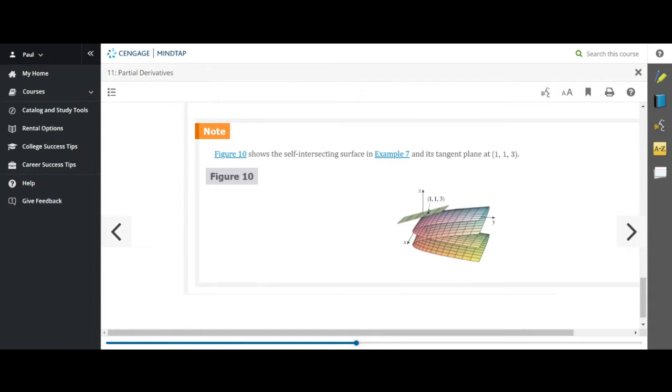So obviously what they did was they used a program like MATLAB to draw the parametric surface and the tangent plane.